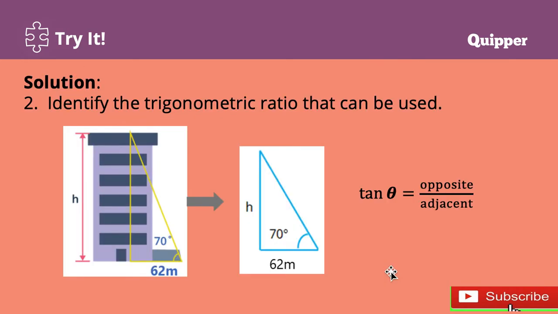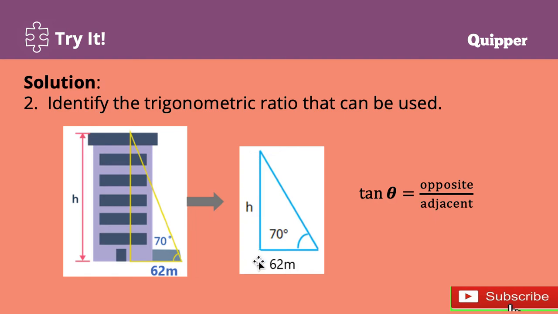Second step, we are going to identify the trigonometric ratio that can be used, because we can find the height of the building using the trigonometric ratios. Consider the position of the given values with respect to the given angle. So this is our viewpoint here, or the angle theta. This side here is the opposite side, which is the height of the building.